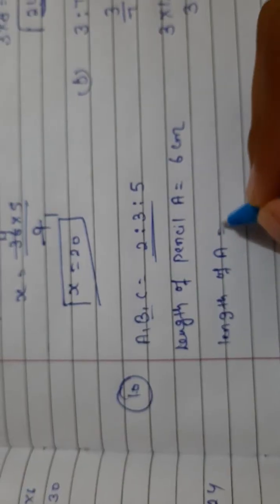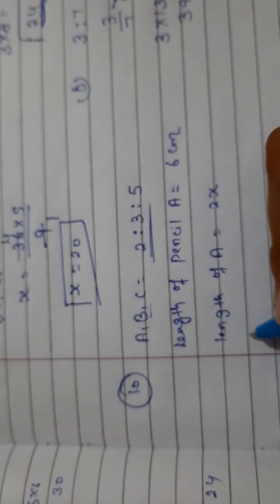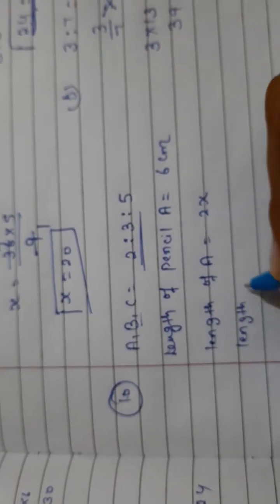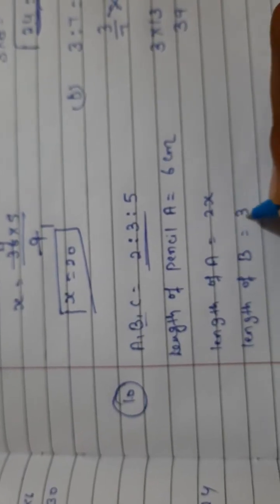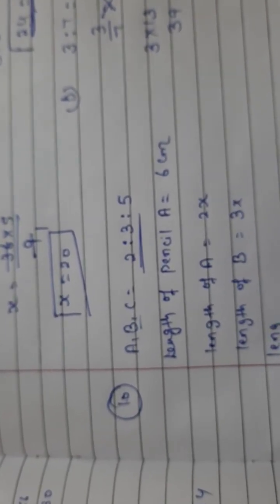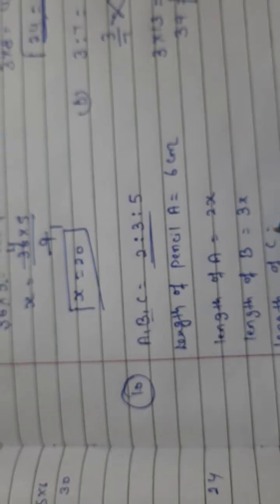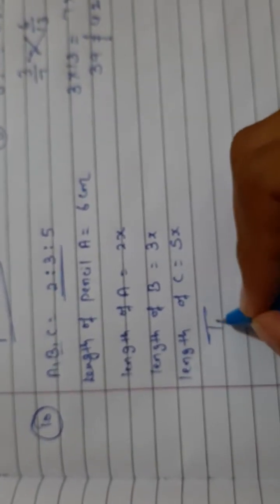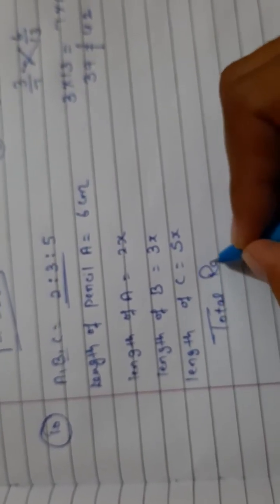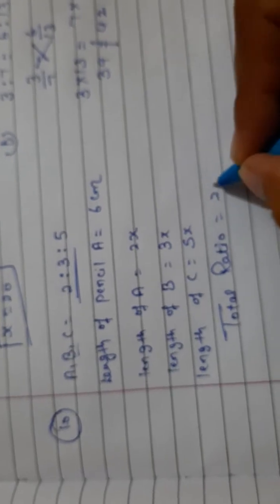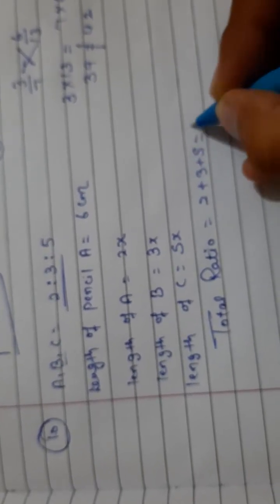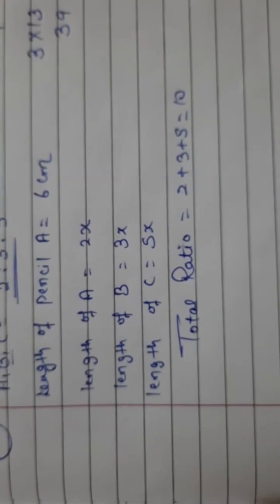When a ratio is written, we can write it with x. Length of A is 2x, length of B is 3x, length of C is 5x. But the total ratio is 2 plus 3 plus 5 is equal to 10.